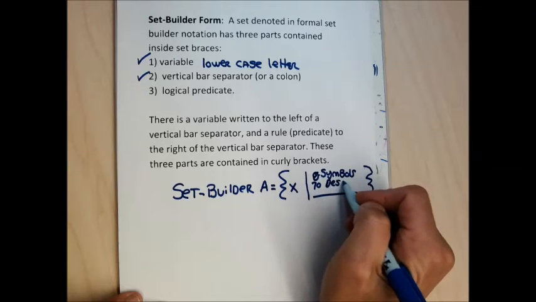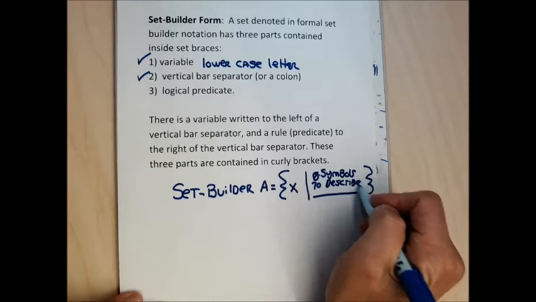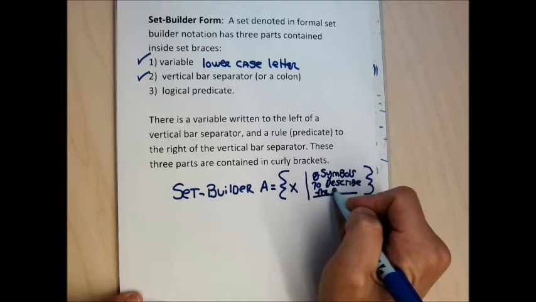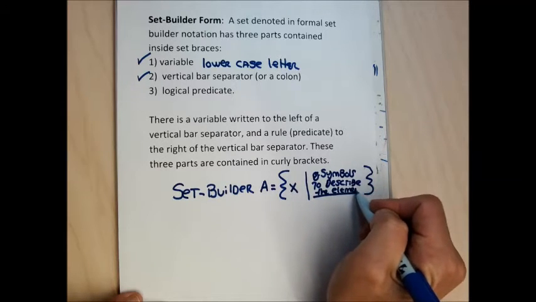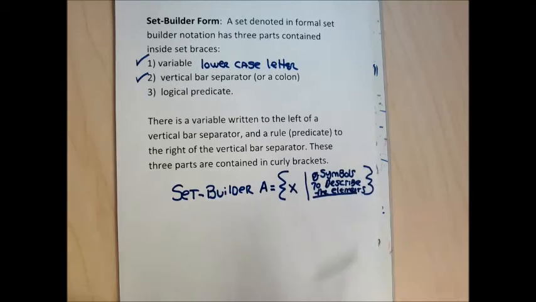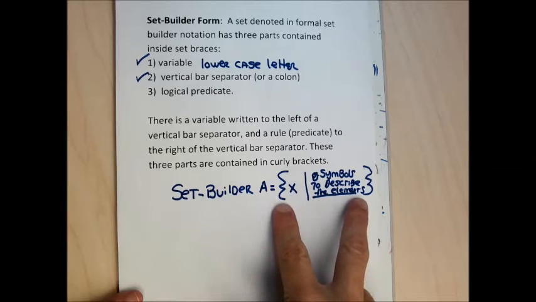And this is the hard part of set builder notation. How about symbols to describe the elements? We won't get too crazy with these, but we need to have symbols after this to describe the elements. So this is what set builder notation in a really generic form looks like.